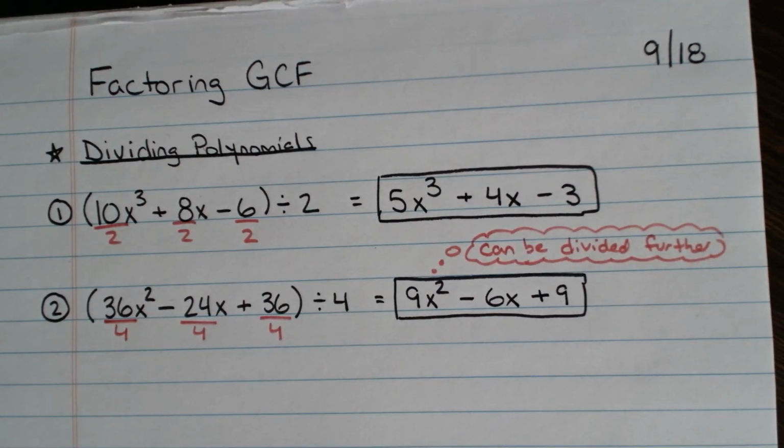The largest number that will evenly divide 36, negative 24, and 36 is 12.